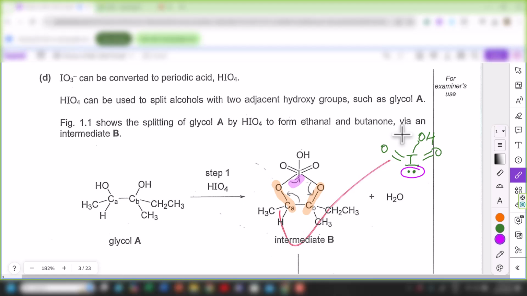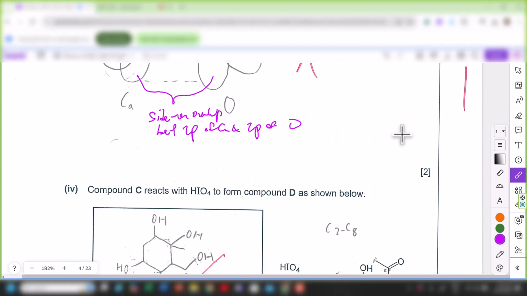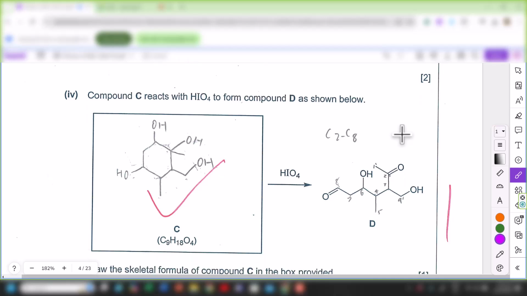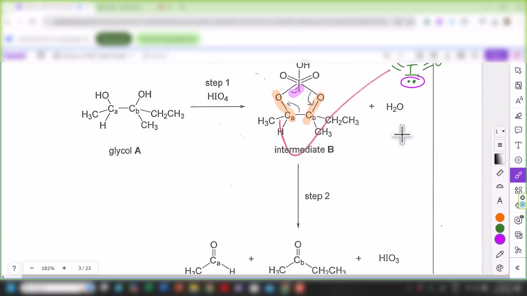You need to know the chemistry behind this: to split the alcohols. So when I draw my compound, I must have 2 adjacent alcohols. And after they split, the 2 carbons with the alcohol must become ketones or aldehydes. That was what is being reflected here.